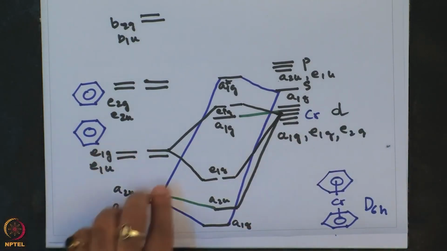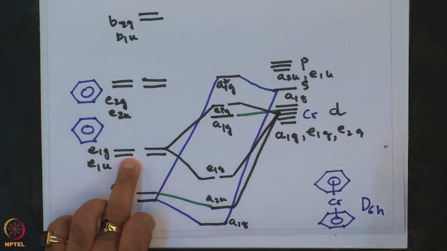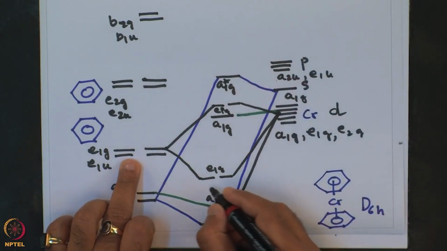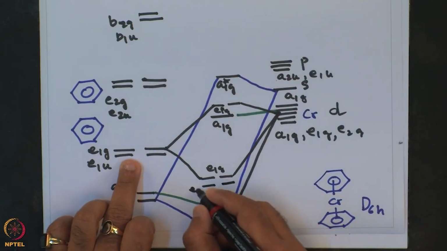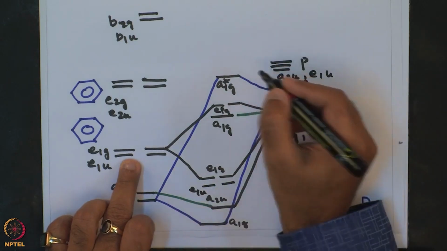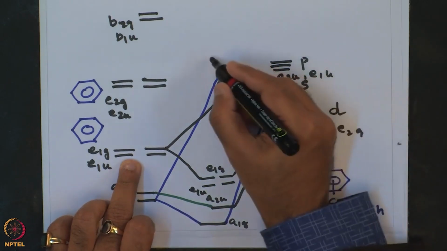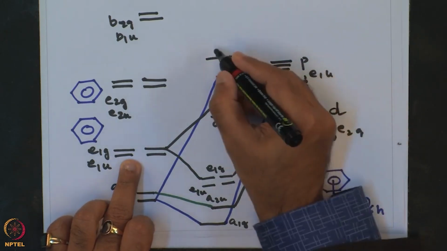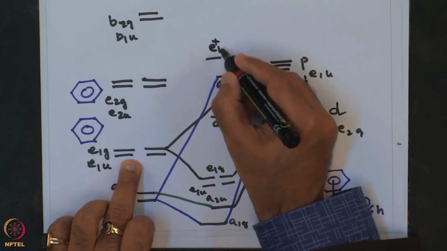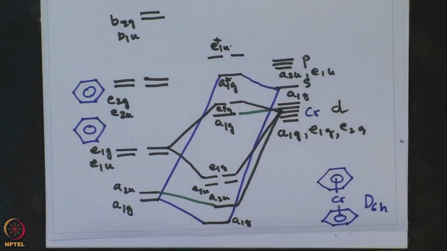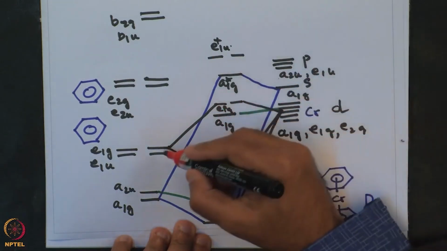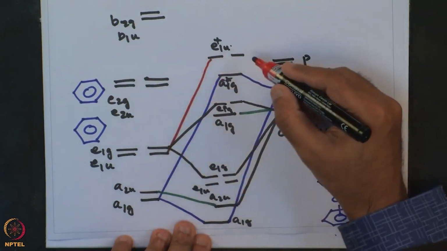E1g star, and E1u of the benzene interacts with E1u of the p orbital, and the corresponding E1u star of the p orbital is shown over here.